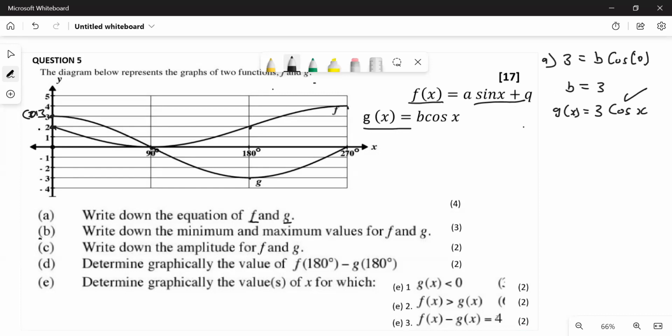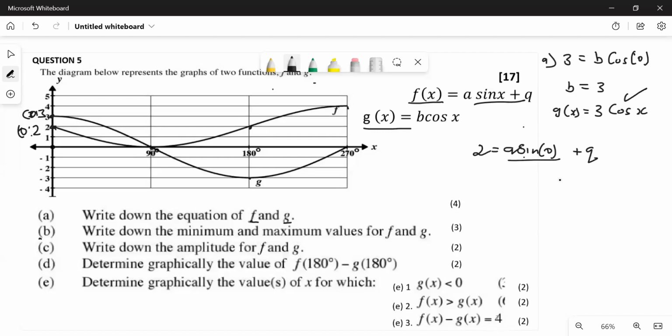So we are going to start by taking the point with 0 and 2. If we take that, we're going to have 2 equals a times the sine of 0, plus q. What is the sine of 0?